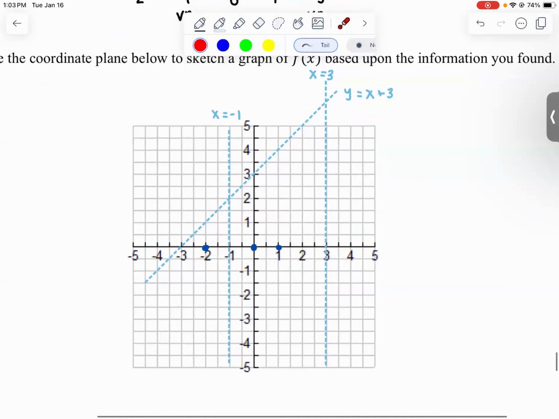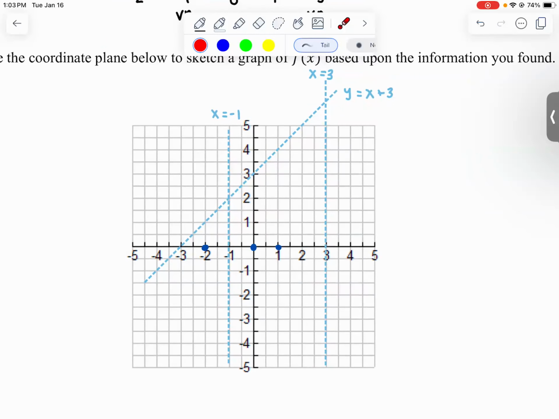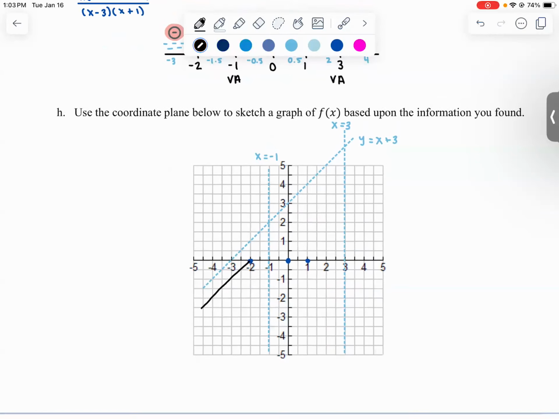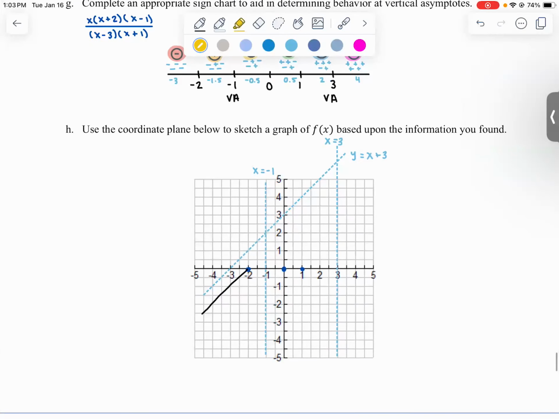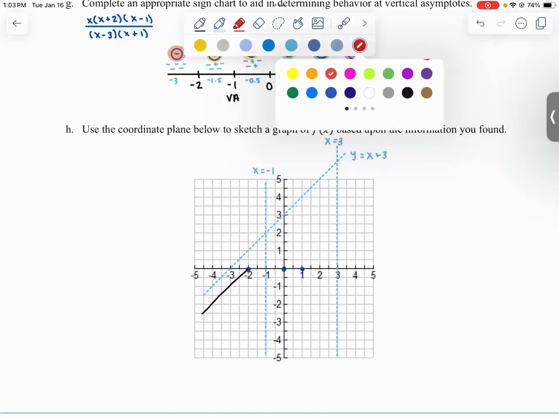So we are going to start down here somewhere. Just like normal, I need to follow that asymptote. This asymptote would continue all the way down to -infinity. My graph is going to get close to this value here and then come up and hit that x-intercept at -2. This is going to be that red portion all the way on the left.